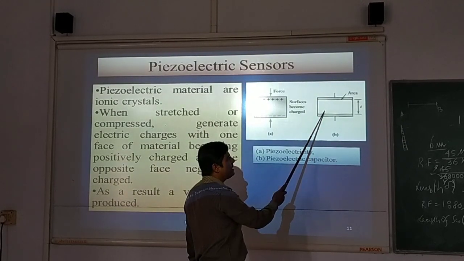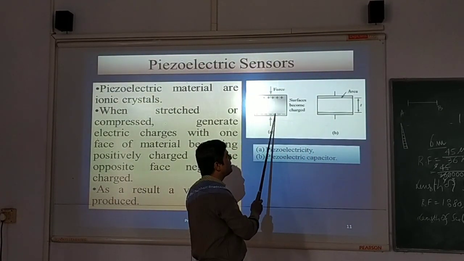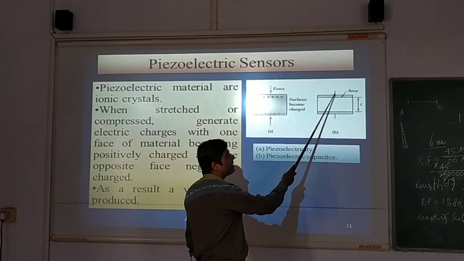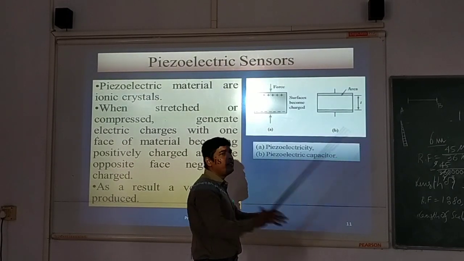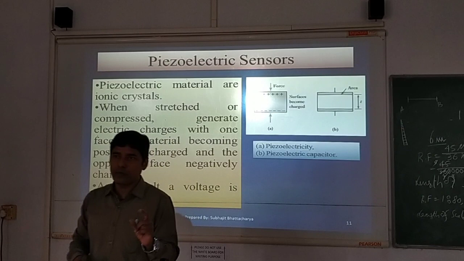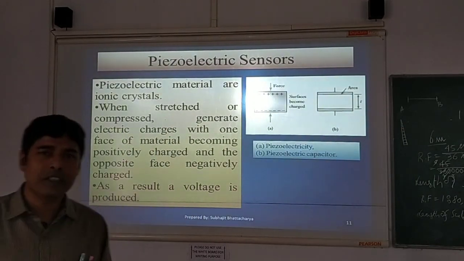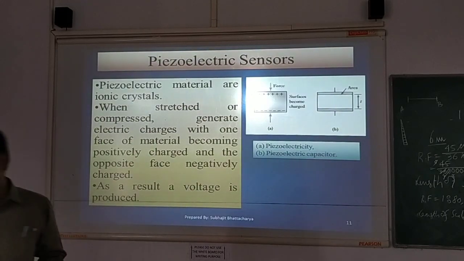And whenever the force changes, the amount of polarization will change or decrease, and whatever charge has accumulated on the electrodes will be released, and in the circuit we will see some current. Though this is very small in amount, we have to use signal conditioning devices like amplifiers, and that can be done.